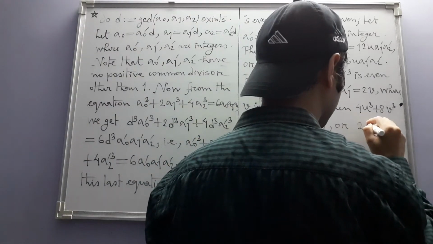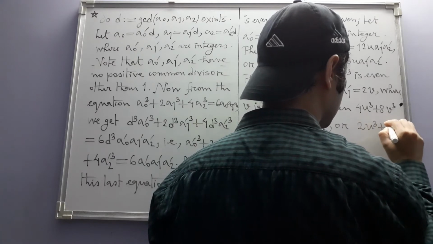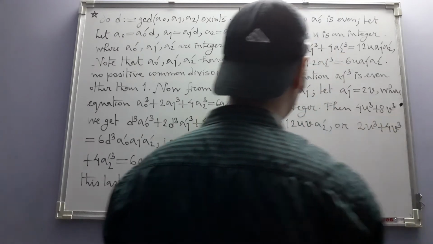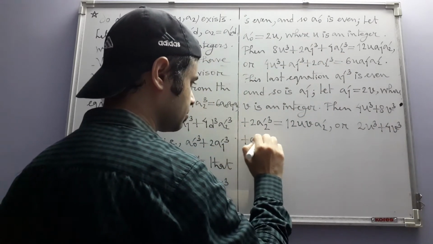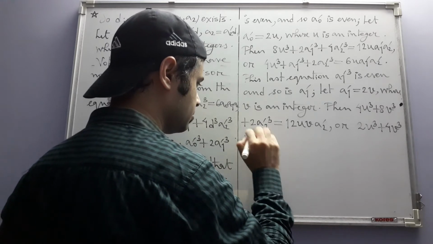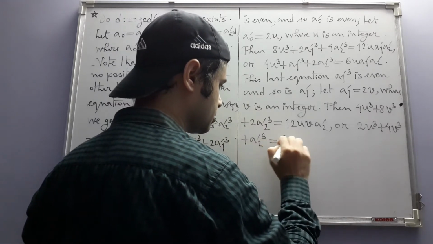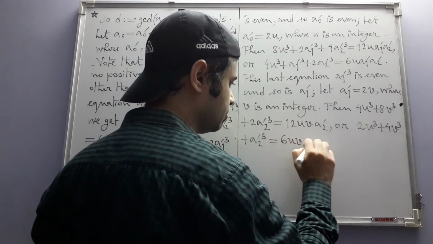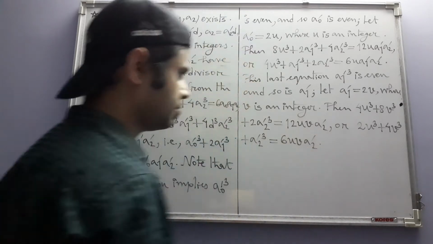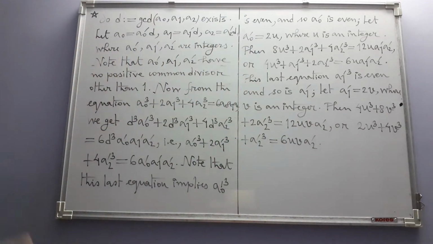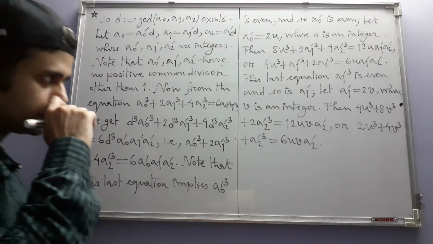So doing that we get 2u cube plus 4v cube plus a2 prime cube. This is equal to 6uv a2 prime. Once more we repeat this process.